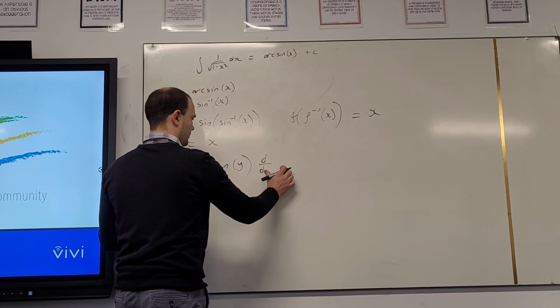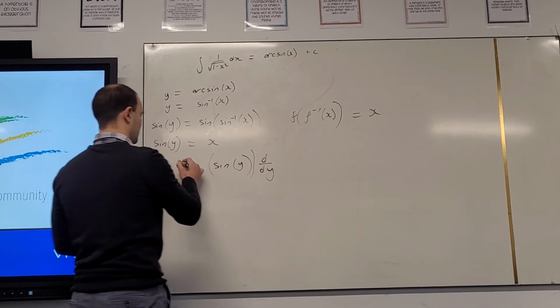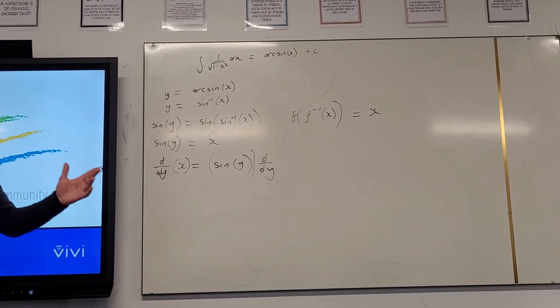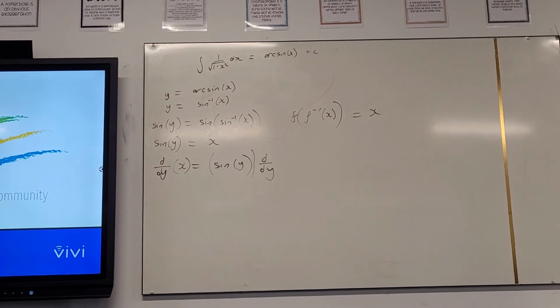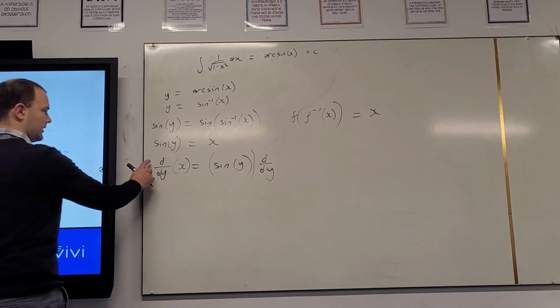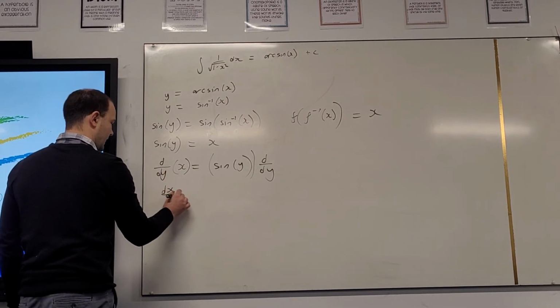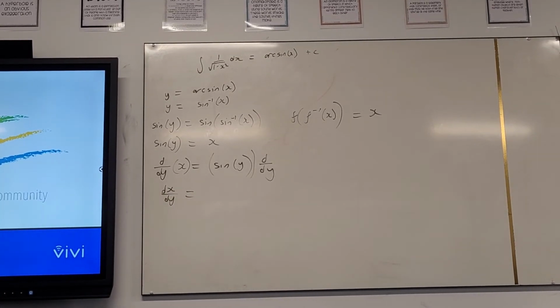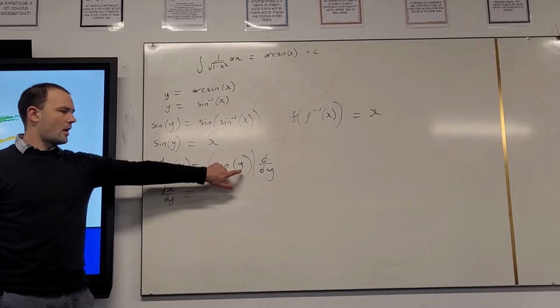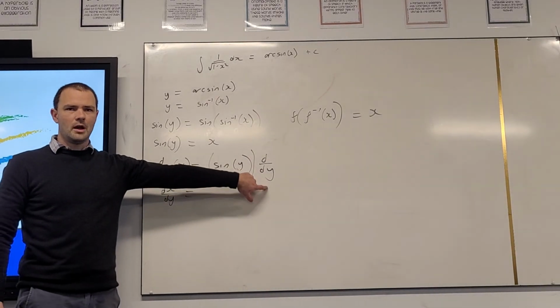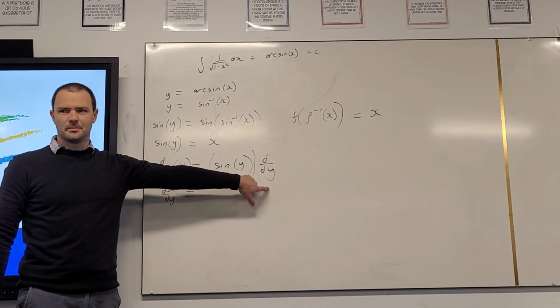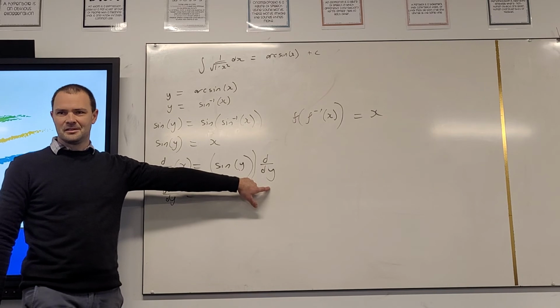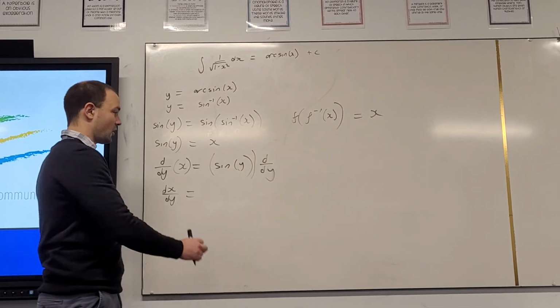It's an equation, we can do anything we want as long as we do it to both sides. So over here we're going to have the derivative of x with regards to y. And over here, if we differentiate sine y with regards to y, what's it going to be?